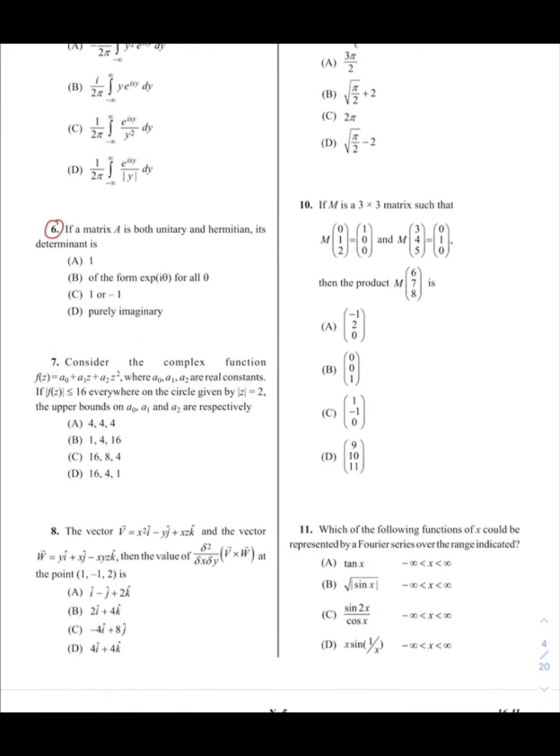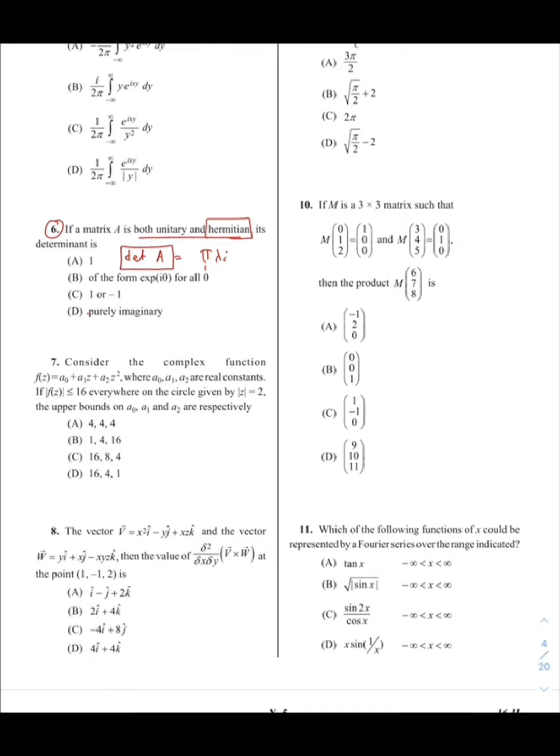If A is both unitary and Hermitian, what would its determinant be? We use the following theorem. Determinant of A is equal to the product of its eigenvalues. Since A is a Hermitian matrix, the eigenvalues would be real. The product of real numbers is also real. So that means the determinant of A is a real number.